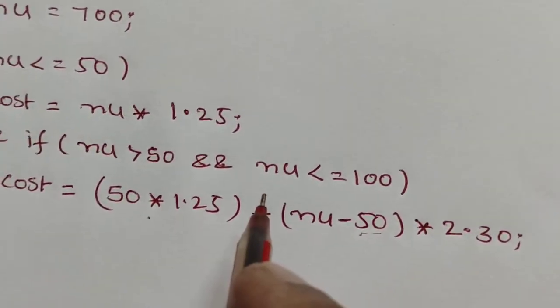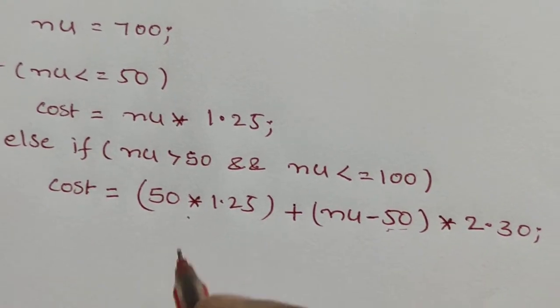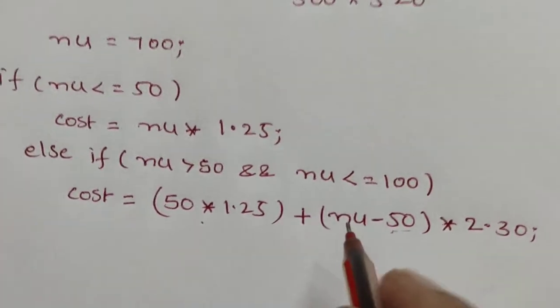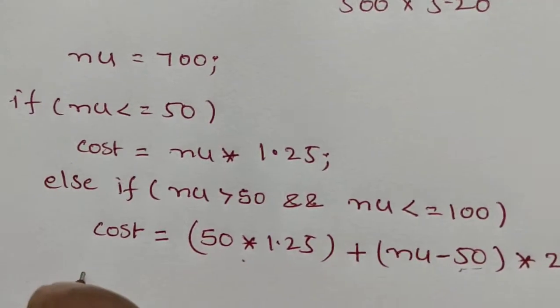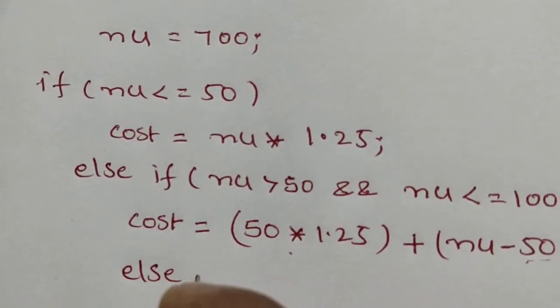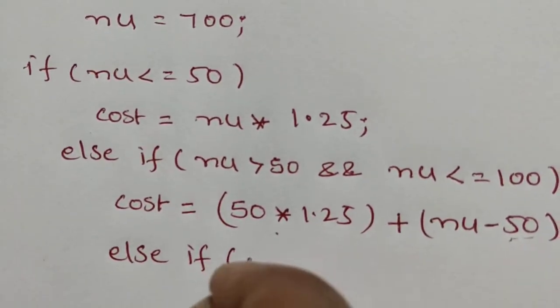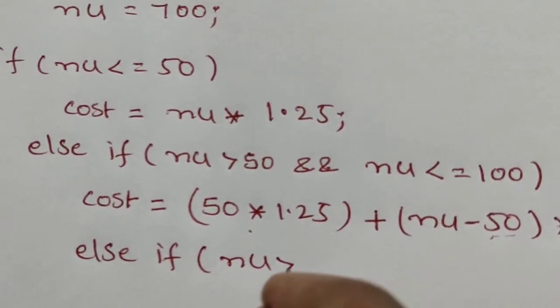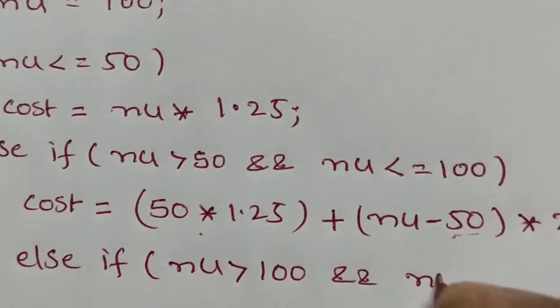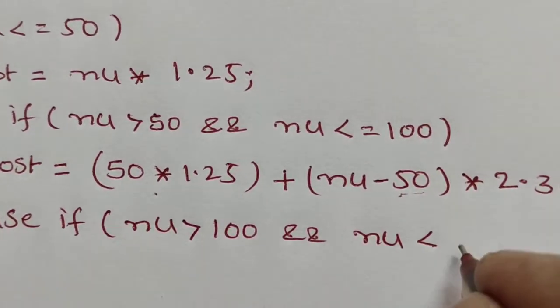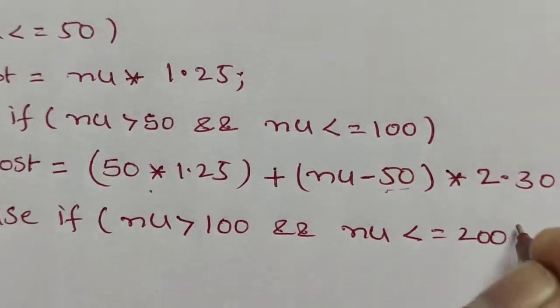Suppose the number of units falls into the third category, that is, the number of units may be 150. Now I am going to write one more else if NU greater than 100 and number of units less than or equal to 200.